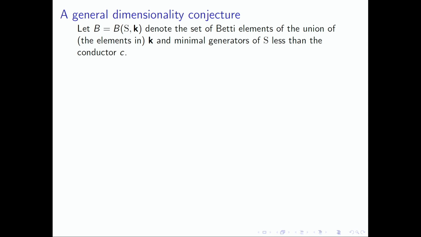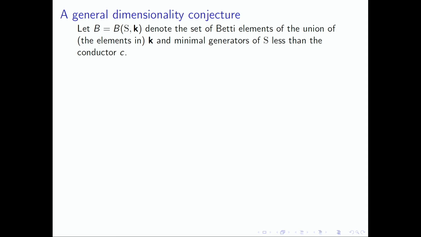In general, what we expect is the following. We take the set of Betti elements associated to a given choice of value semigroup and also ramification type K. What this means is that we have to look for factorizations in terms of the union of minimal generators in S together with elements of K. And we look at all Betti elements that are less than the conductor of the semigroup.